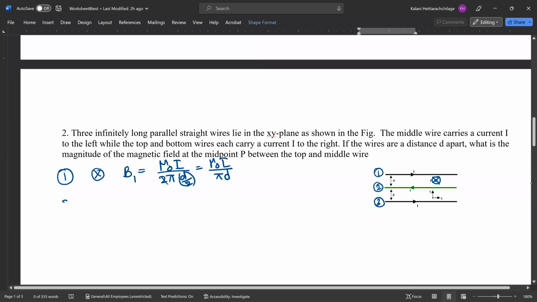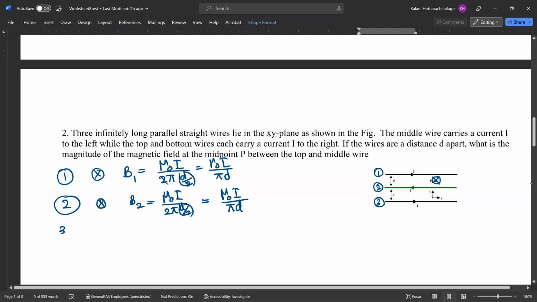Now let's go to the second one. The second wire will create a magnetic field at P, which is the only point we are looking at. It creates the magnetic field again inward, because the current is to the left in that case, and B2 equals mu naught I divided by 2 pi times D over 2, the distance from the green wire to P, which is D over 2, so mu naught I over pi D. It seems both are the same.